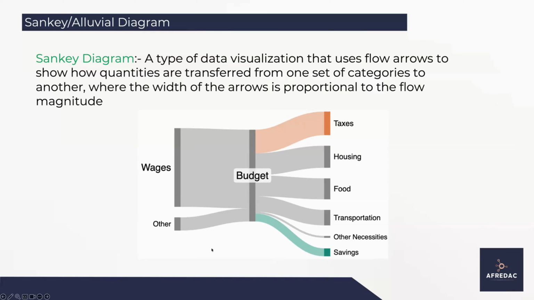Then for the others, because the magnitude is small, the connecting arrow is also smaller. On the other side, from the budget, this can be a household budget for a family. Things like other necessities, because the proportion is small, the arrow is also small.